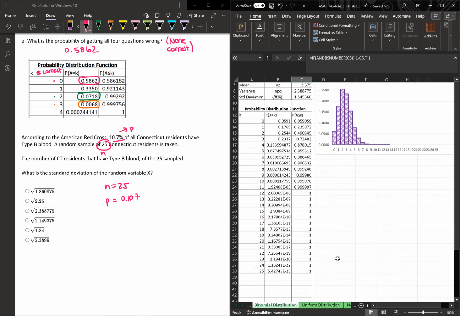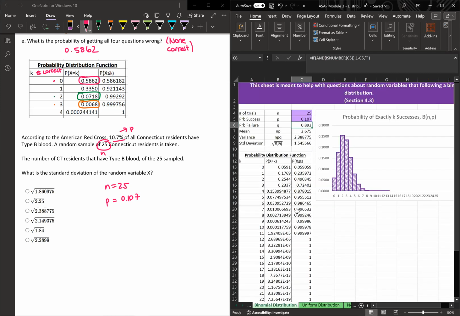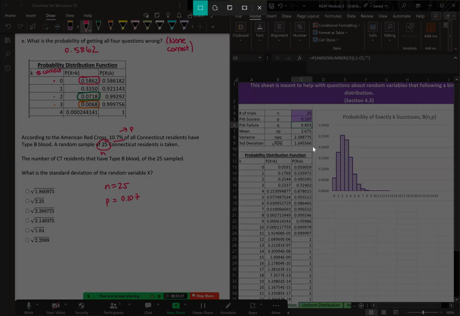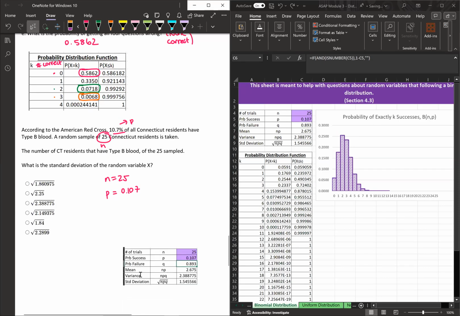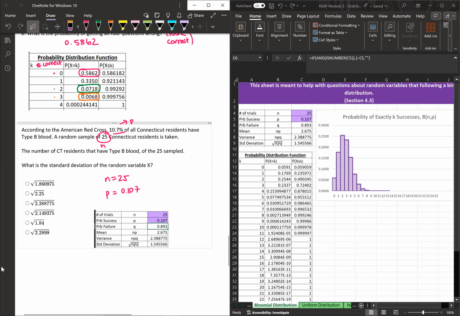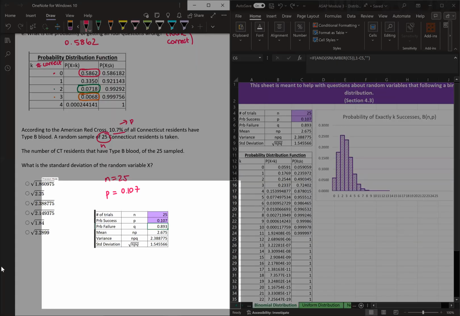And you'll see we get a pretty long list here, but I actually don't care about any of that because I just want to know what is the standard deviation. And what you'll see here in our output is that the standard deviation is given to us as 0.15. Here's our standard deviation. It's 0.15 and so on. That's not an answer choice for us.